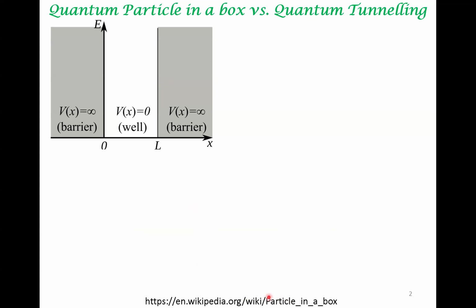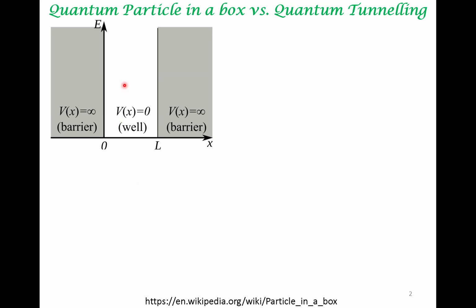So at least you should go over this wiki link to understand some aspects. One of the common problems which we utilize for introducing some concepts in quantum mechanics is what is called the particle in a box. So you have a single particle that is confined within a box. How do you represent that problem?